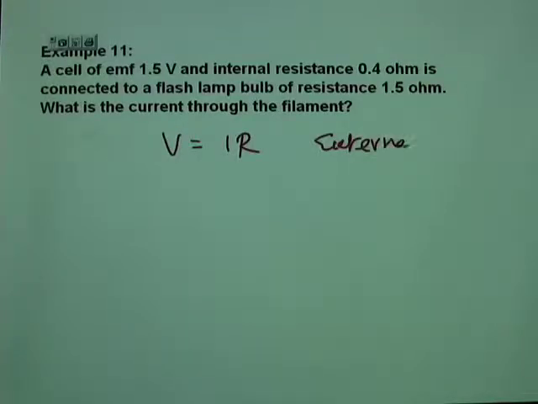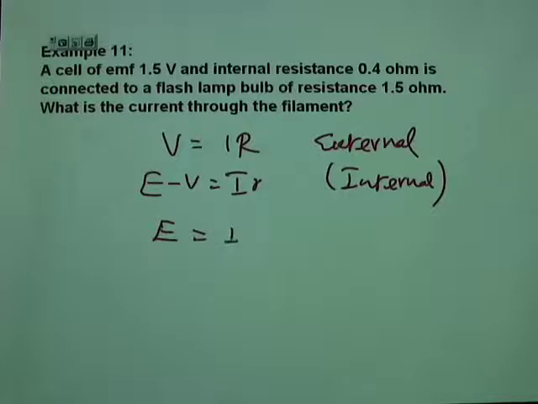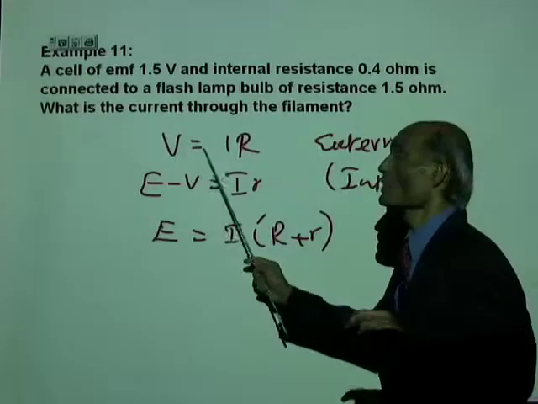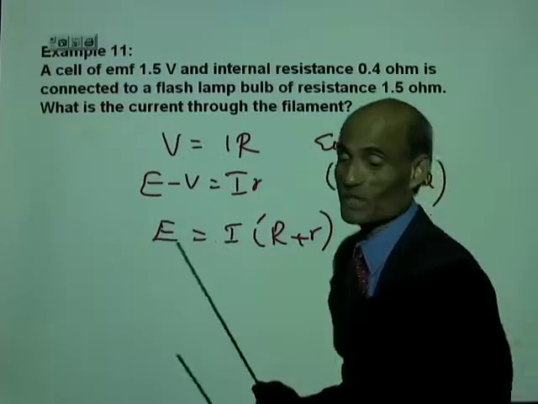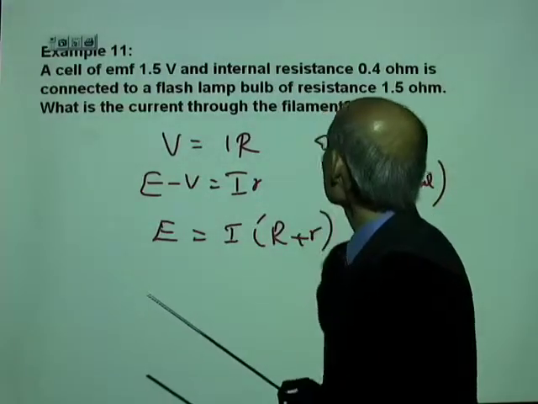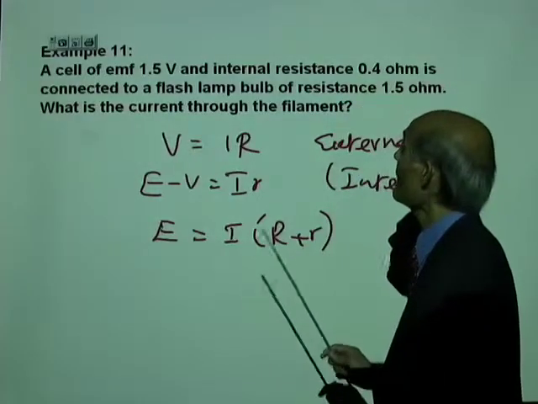E minus V equal to I times small r is the internal. And if you add the two, E equal to I times (R plus r) is the total circuit. So you have the external circuit, internal circuit, and the whole circuit. Which of these equations will you be able to use here?